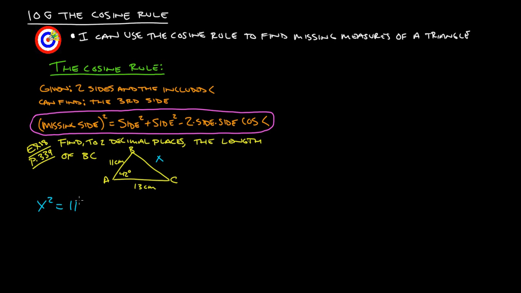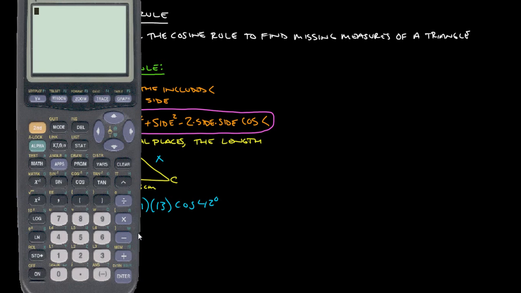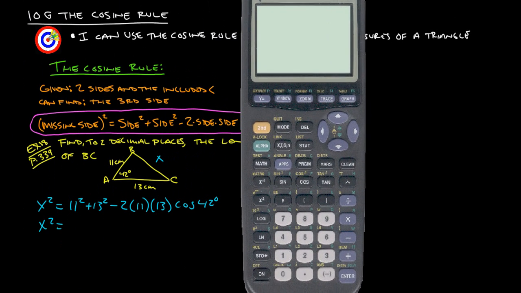So 11 squared plus 13 squared, and then minus twice the sides, 11 times 13 times the cosine of that included angle, which is 42 degrees. So x squared is going to equal this big jumbled mess here.